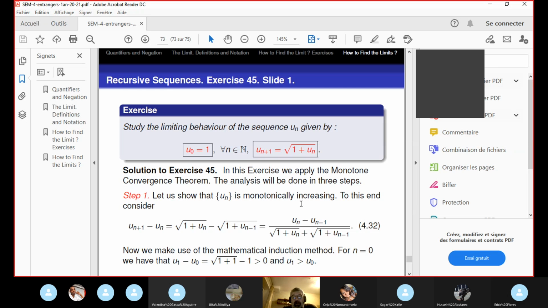So for the moment, I cannot propose any idea about the nth term of our sequence. The only thing which we have is this relation between the n plus 1 term and the nth term.